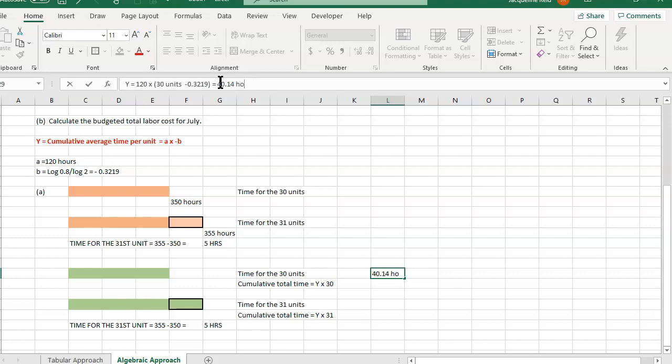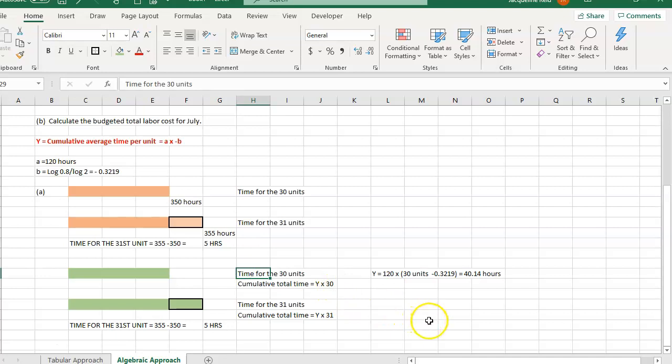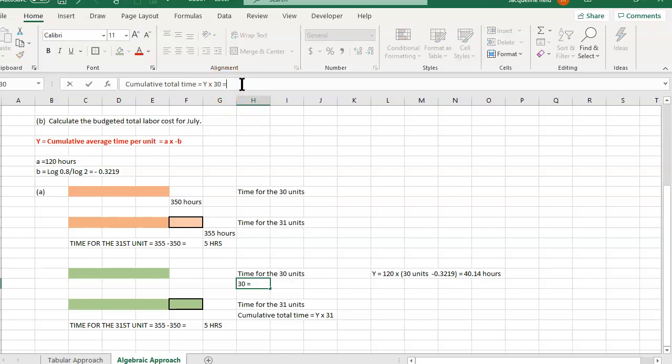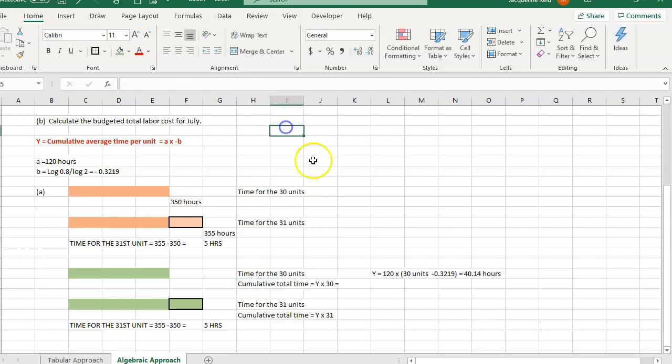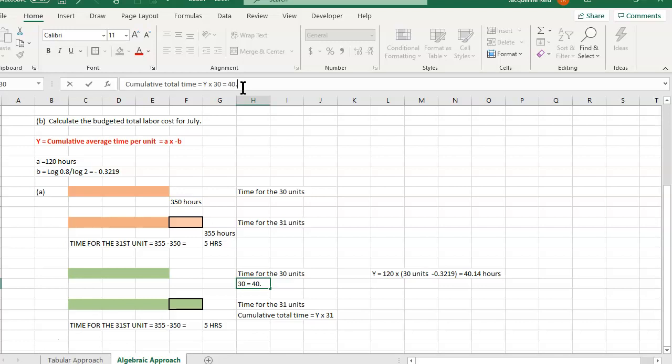So what this is telling me is that in making the 30 units, the time on each unit is 40.14 hours. So if I want to find the cumulative total time, I'm going to have to multiply the 40.14 by 30.